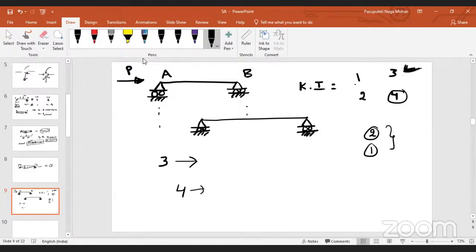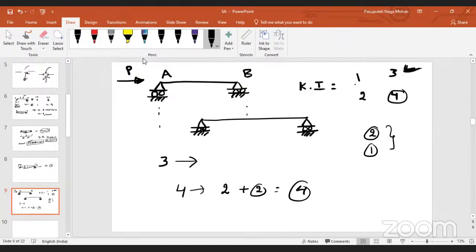Whoever said it is 4, can you justify your answer, please? Support A 2 reactions, support B 2. See, don't get confused. We are talking about displacements: at A you are getting 2 unknown displacements plus 2 at B. So you guys are saying 4.